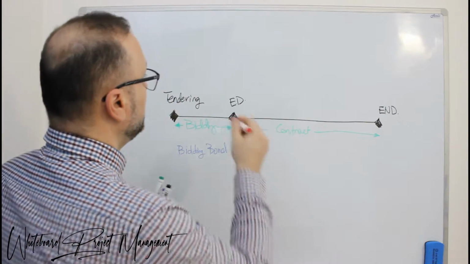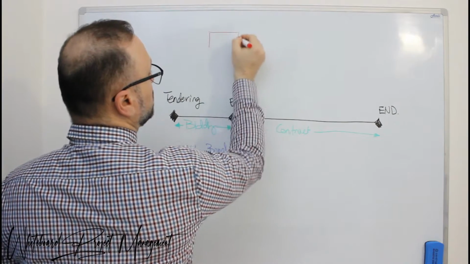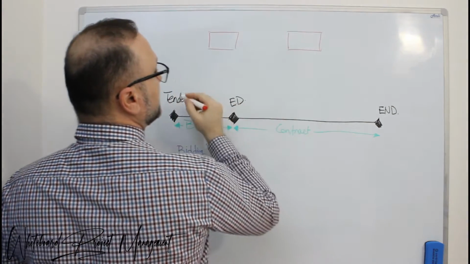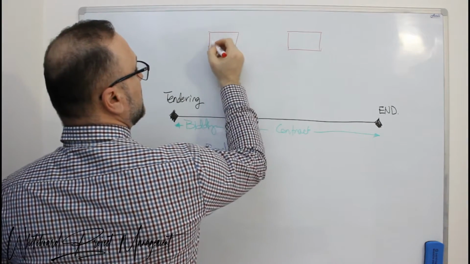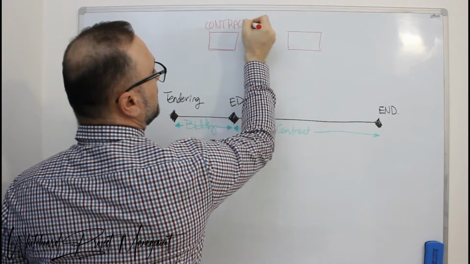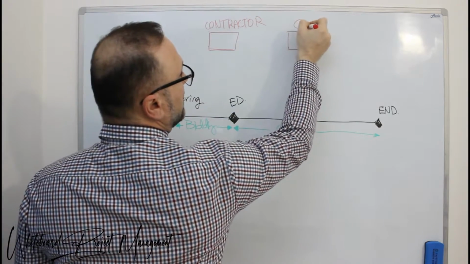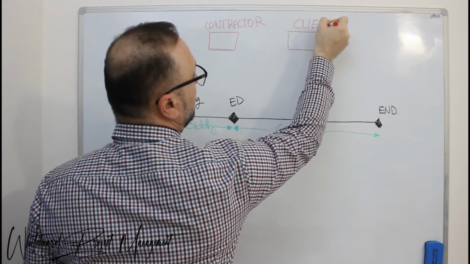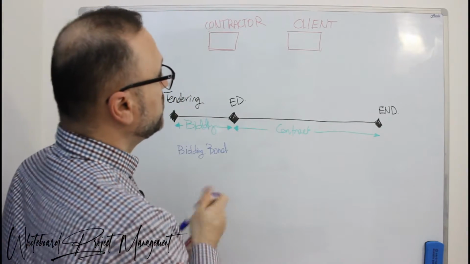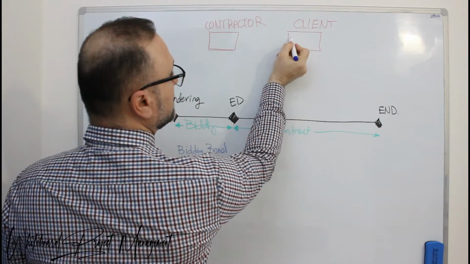So let me draw here two simple blocks, simplifying the two parties. One is the contractor and one is the client. So the client is requesting a contract.